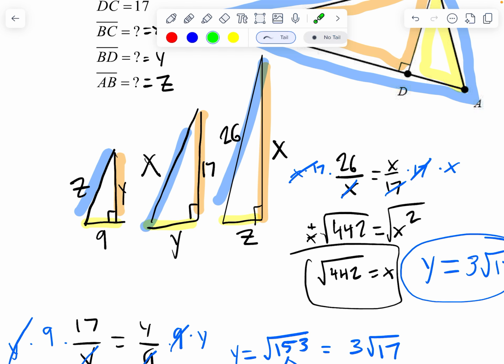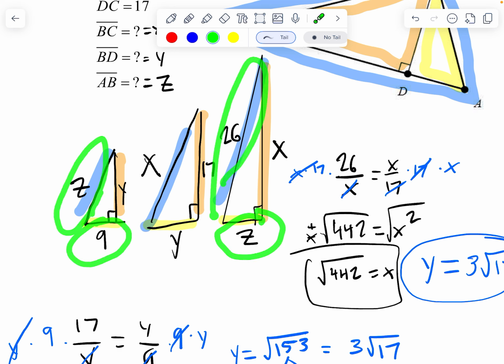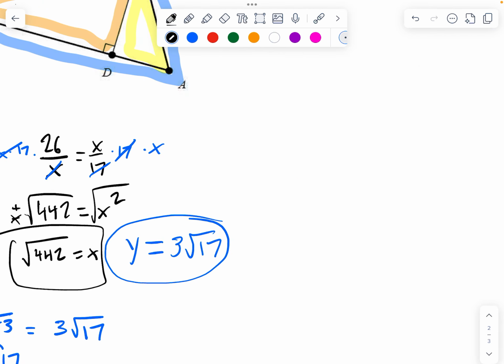So same ideas. I see Z's here, so I'm probably going to use my smallest and largest triangle. So we see a Z here, and a 9 here, here, and here. Right? And you have just Z's in the answer, so let's solve this. So I'm going to go larger to smaller, 26 to Z, and Z to 9. So 26 to Z equals Z to 9.